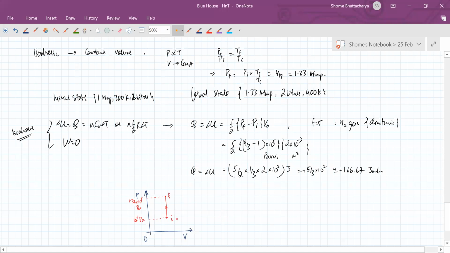Okay. So the temperature is like this and the volume is 2 liters. So that is the detailed PV graph.